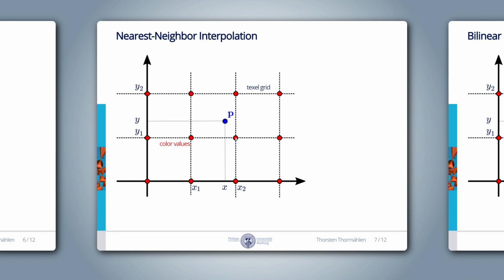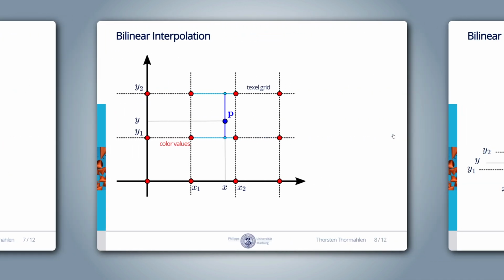Instead, it is a floating point 2D vector that can point anywhere. So let's assume the blue point here is a 2D location for which we want to determine a color value. Nearest neighbor interpolation now simply returns the color value of the nearest texel location, which would be this one in our example.